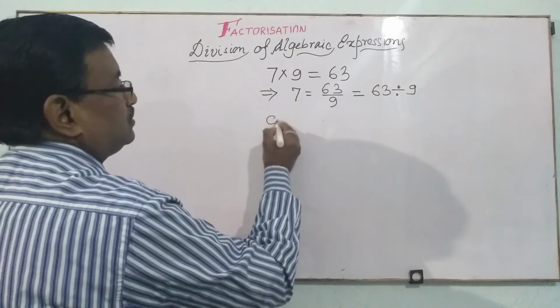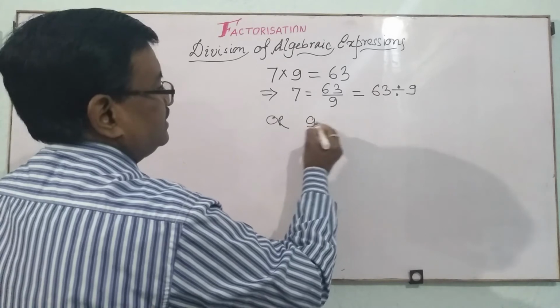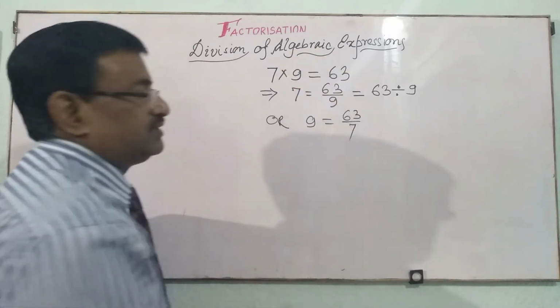Or in another way, you can say 9 equals 63 by 7.